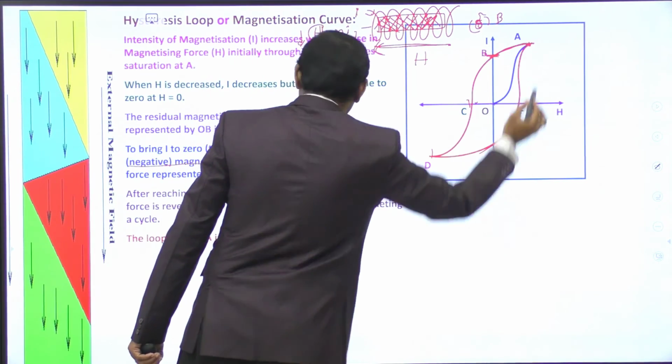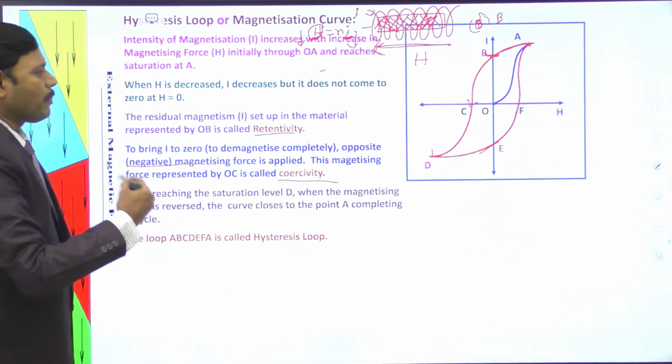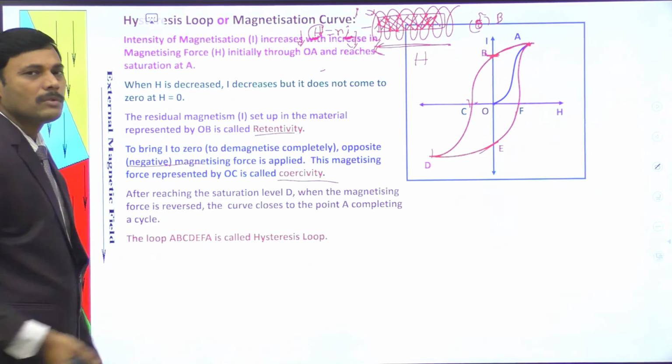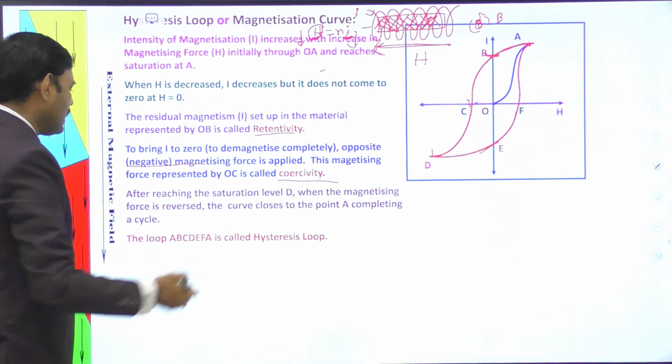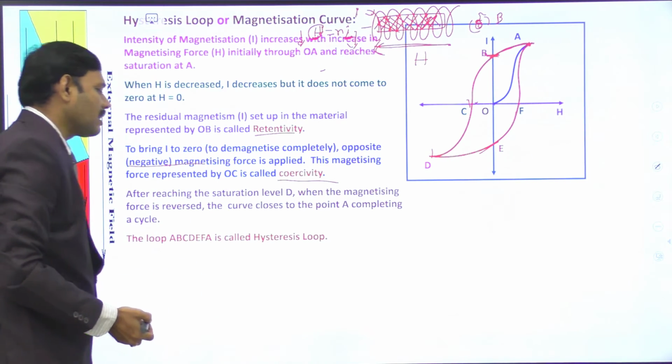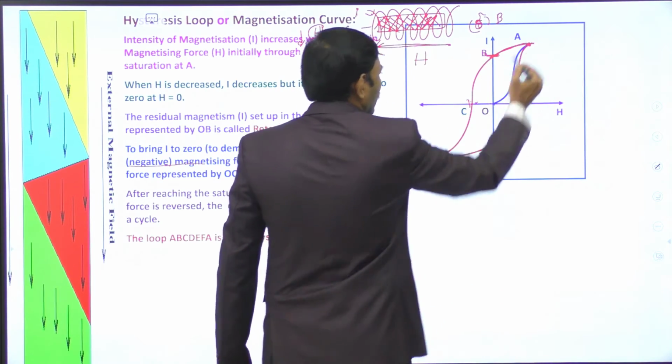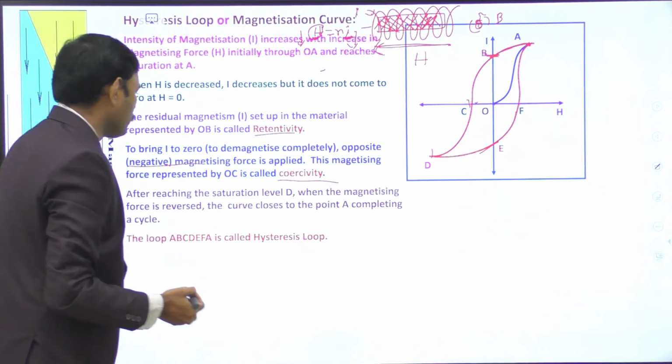This cycle is completed by applying positive, 0, negative, 0 and positive H value. The loop ABCDEFA is called the hysteresis loop.